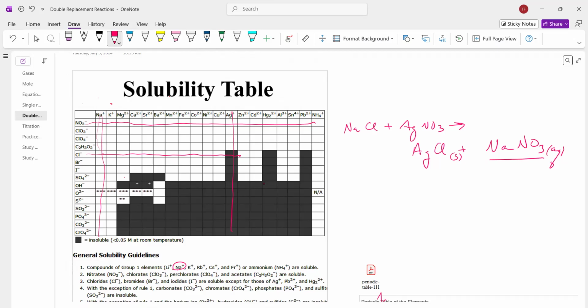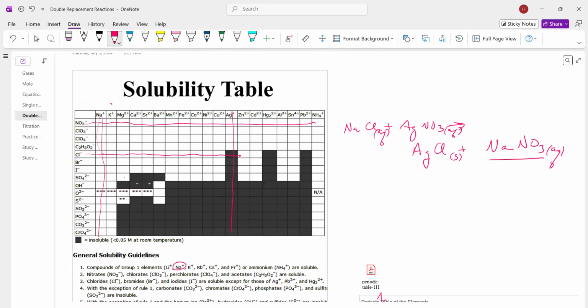Okay, so the sodium chloride now is aqueous. And so is the silver nitrate. Now the rule will tell you this, as well as the table. And I made the table from the rule. Does everyone see how I ended up with silver chloride being S and not AQ?